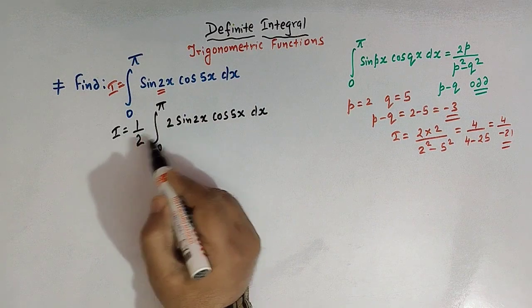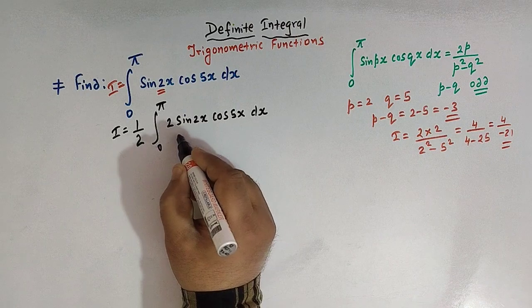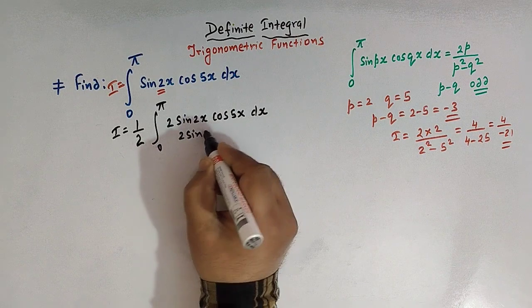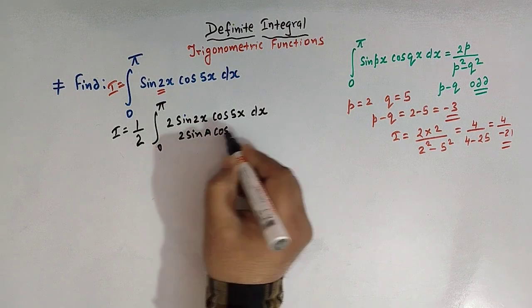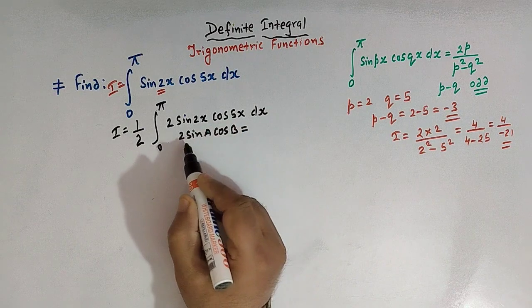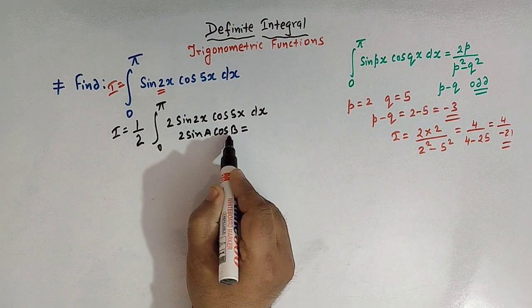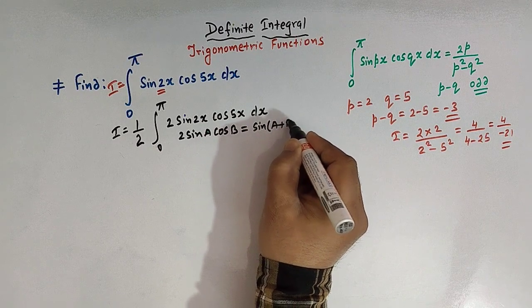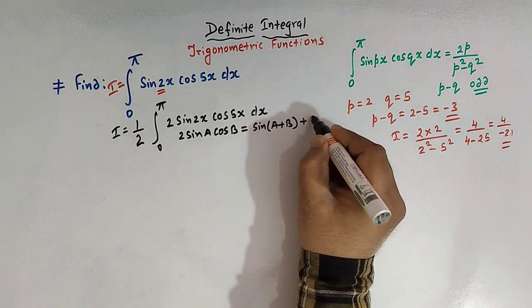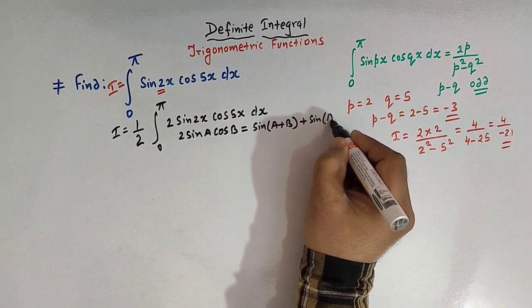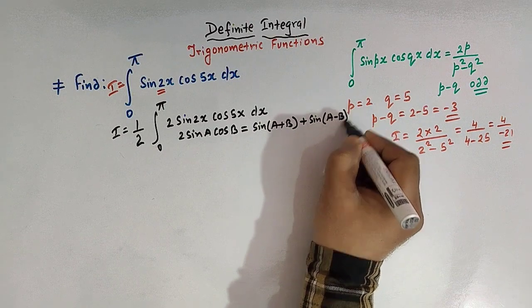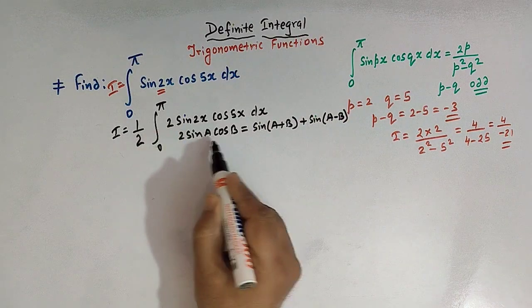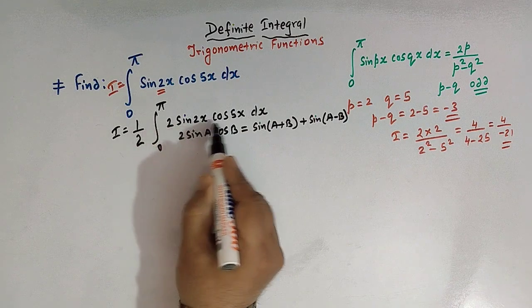Here 2 and 2 get cancelled, so now we have the form 2 sine a cos b. The formula for 2 sine a cos b is sine of a plus b plus sine of a minus b. Let us apply this formula to this product.